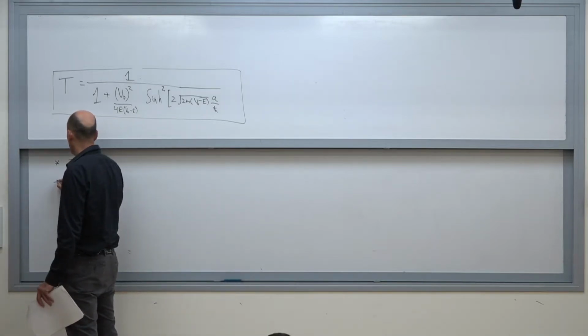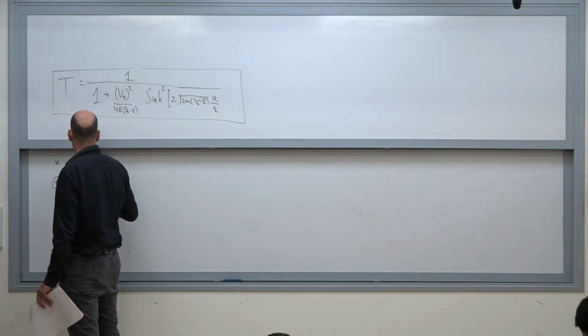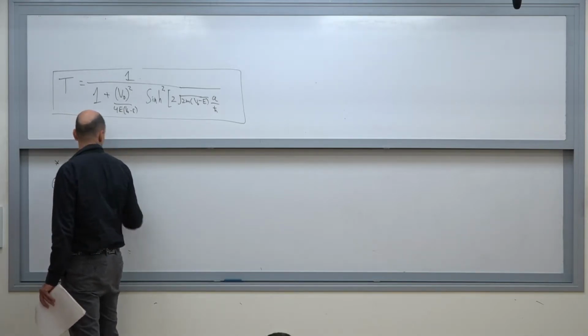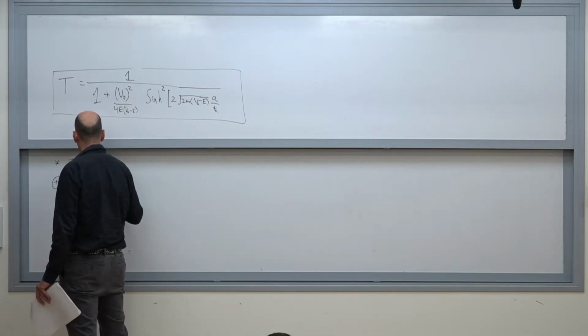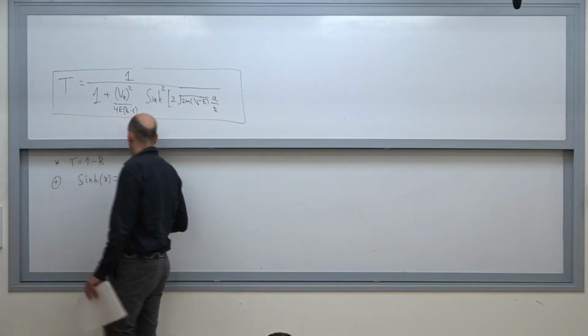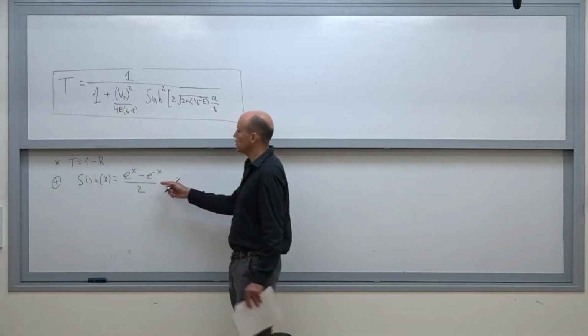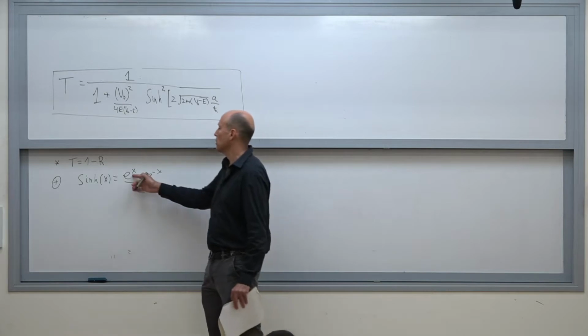First of all, just to remind you, we have here the sinh hyperbolic. If you don't remember, this is e to the x minus e to the minus x over 2. For small x, you can expand it, and then this is like the expansion of sine x.